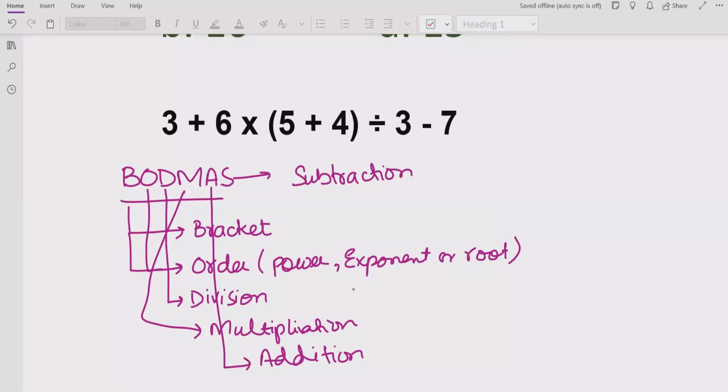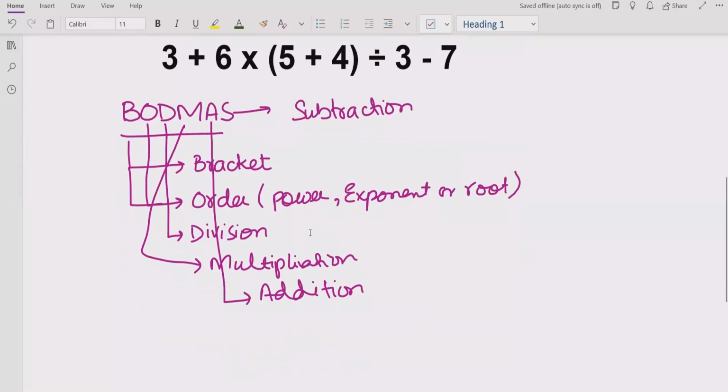Now we have to solve this expression through the BODMAS rule.